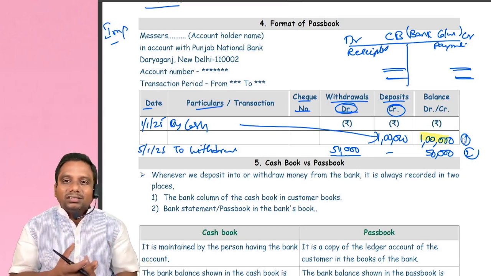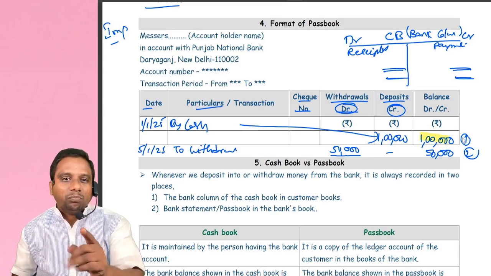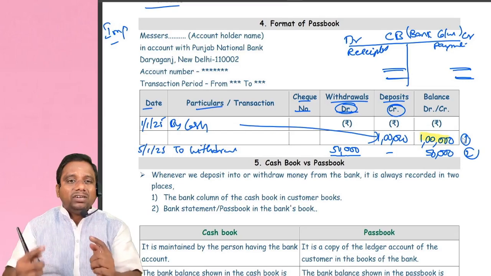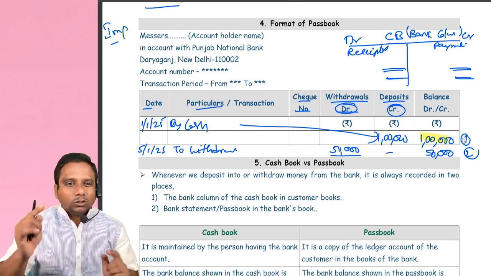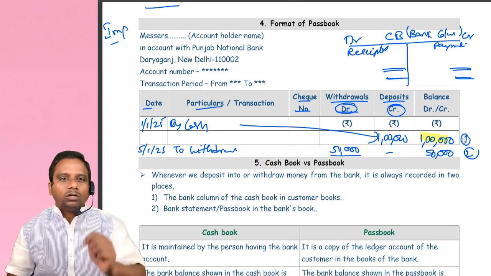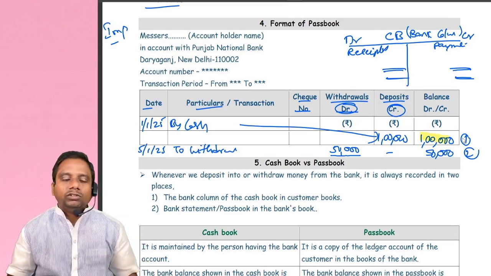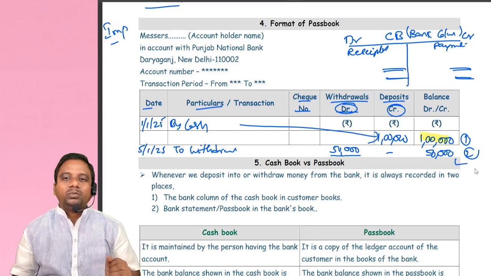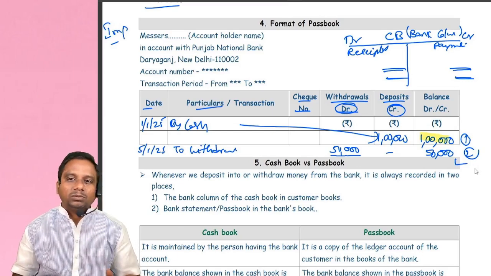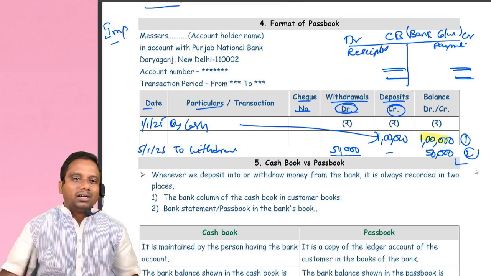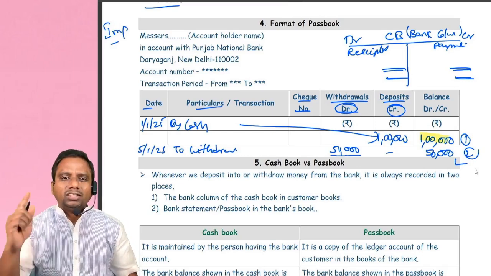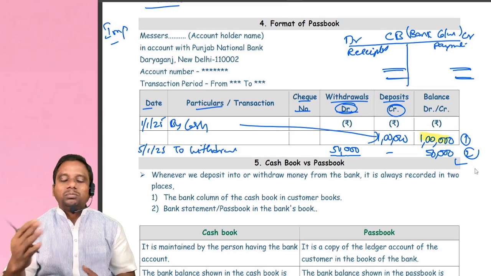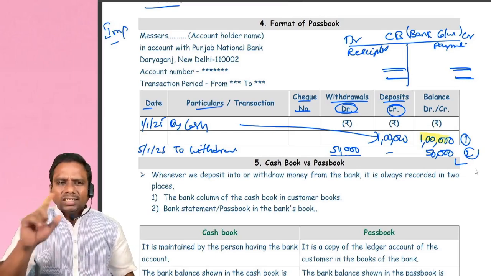Sir, but in the passbook, the bank is balancing the customer account after every transaction. Yes, this is what the bank needs. Next time when you come to withdraw 1 lakh rupees, immediately the bank says, hello mister, you have only 50,000 rupees in your account. Check it in the passbook. Go and write another withdrawal slip. Okay sir, understood why the bank maintains the customer account like this.